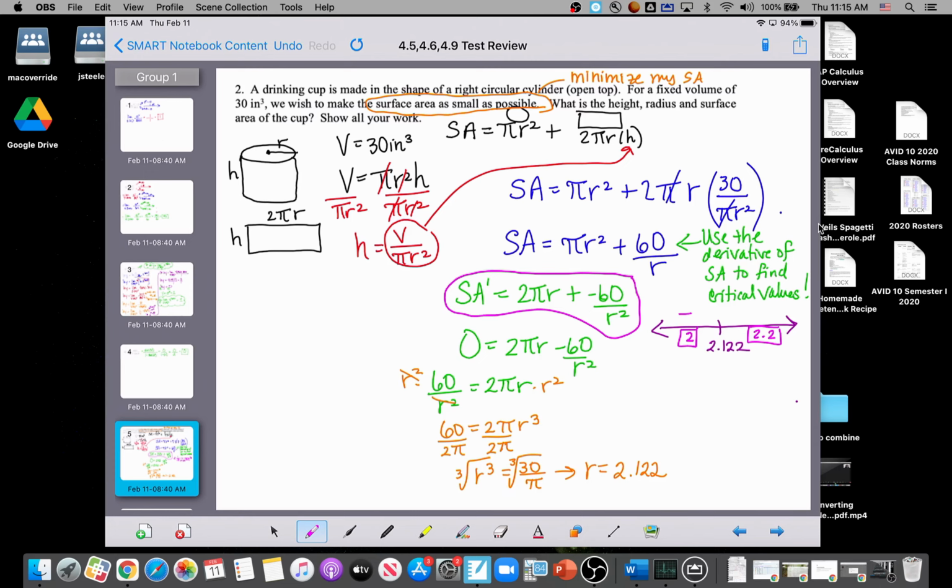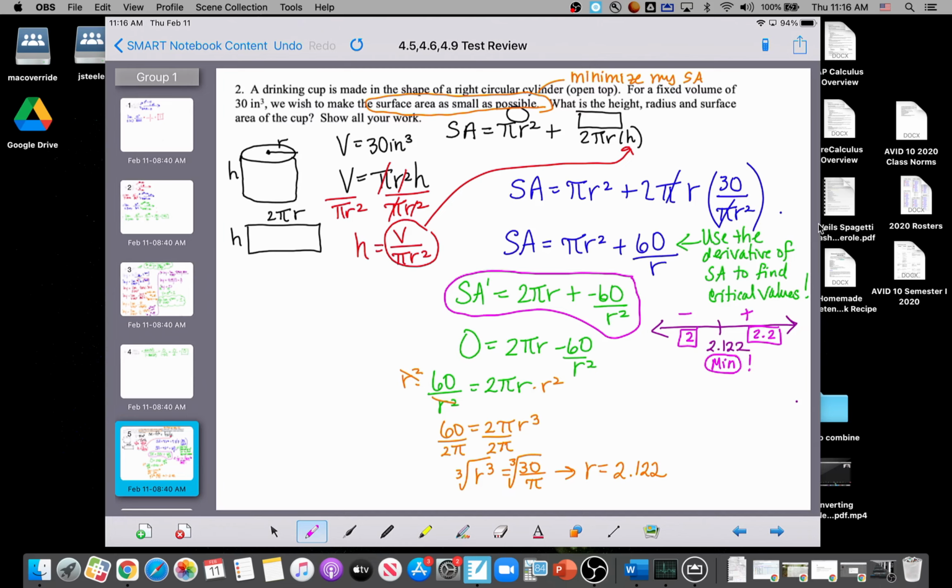And when I plug 2.2 in, okay, then 2 times pi times 2.2, and then negative 60 divided by 2.2 squared, that is going to give me a positive value. So since I have a sign change here, this proves that 2.122 is indeed a minimum.